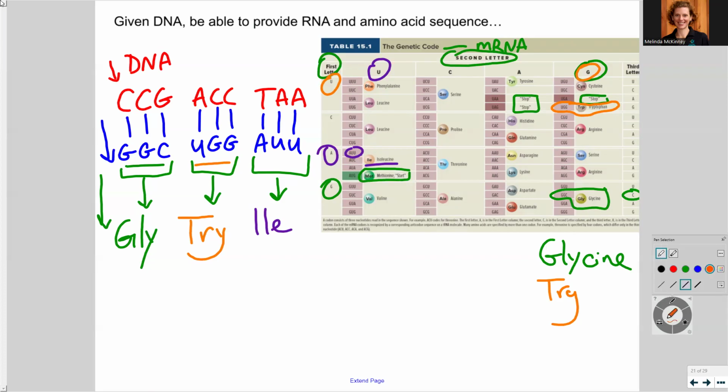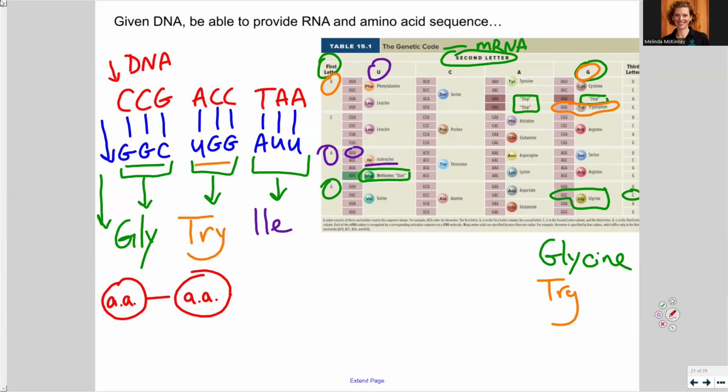So these are the three when I was drawing it earlier. These are coming in from the transfer RNA. They're the amino acids. There's 20 different types, right? Transfer RNA is bringing it in. You're forming a peptide bond between them. So this bond, it's a covalent bond. It's called a peptide bond.